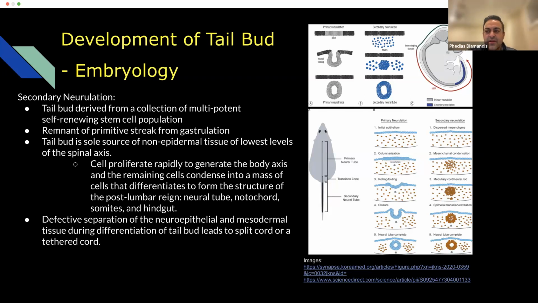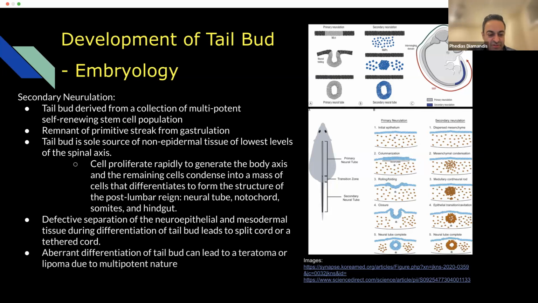And defects here usually occur when there's ineffective separation of that neural tube from the surrounding mesodermal structures, and then you get tethering. And this makes sense intuitively because you're really trying to form a structure from just condensation of this mesodermal layer. And so it makes sense that the defect here would be in the clean separation of this neural tissue from the surrounding mesodermal structures.